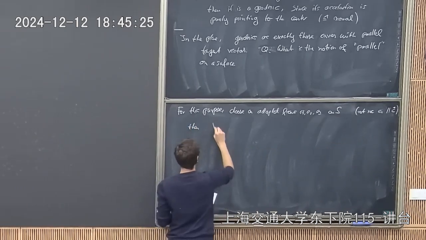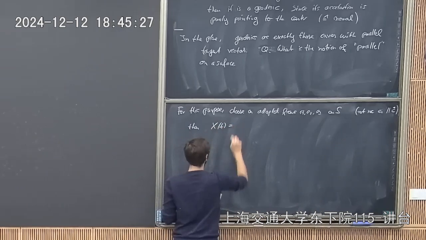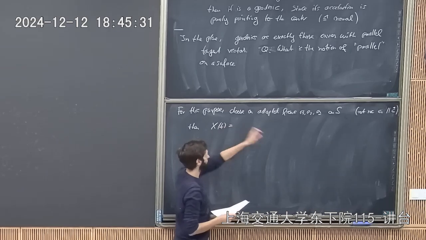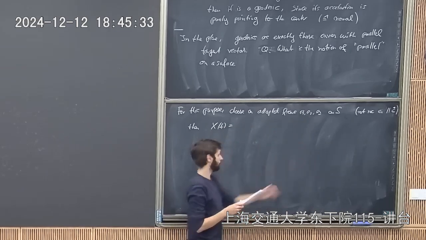Then we can write x of t as a linear combination of E1 and E2, because E1 and E2 are spanning the tangent space.